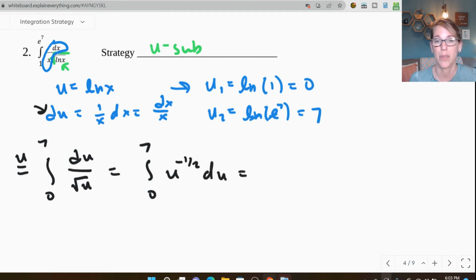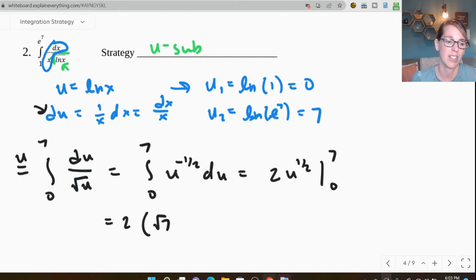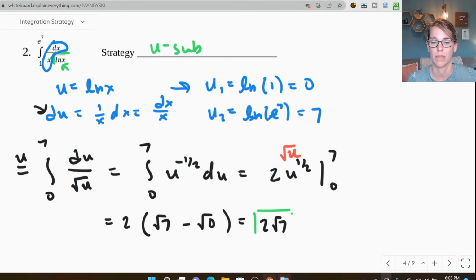I can use a really nice power rule there. -1/2 plus 1 is +1/2. Reciprocate that, I get a 2 times u to the 1/2, evaluated from 0 to 7. So this is going to give me 2 radical 7, because u to the 1/2 is the same thing as the square root of u. So radical 7 minus radical 0. And we get 2 radical 7 for our answer.